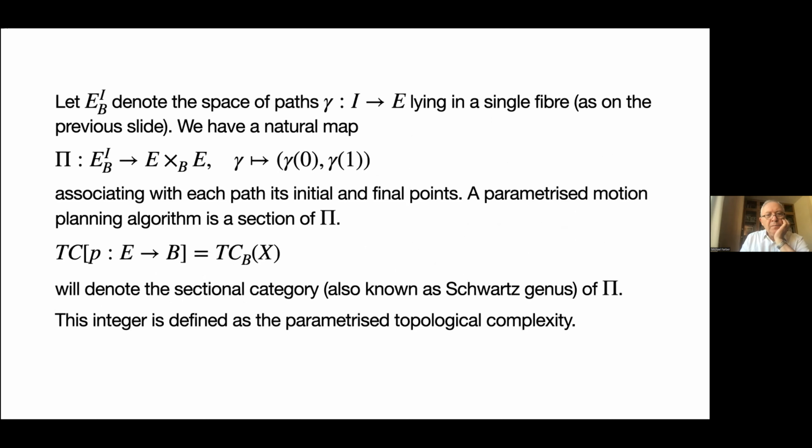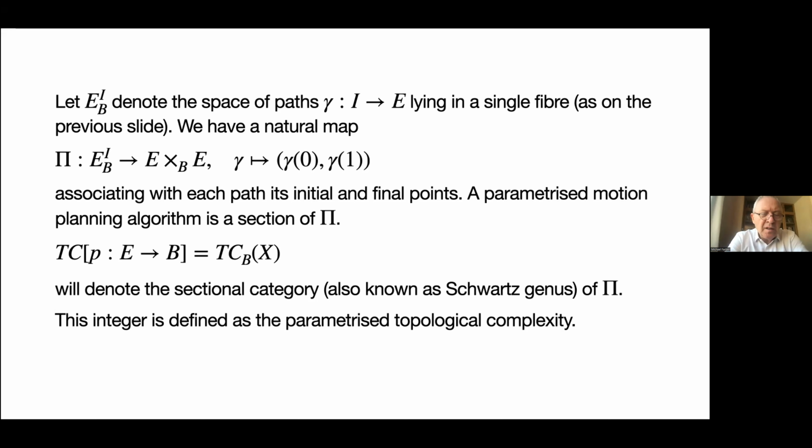So, I can denote by E^I_B the space of paths which lie in a single fiber. Each such path lies in a single fiber of this fibration, and the space E times E over B is the space of pairs of configurations lying in the same fiber. So we have this map, capital Pi, which goes from E^I_B to E times E over B, which is given by this formula.